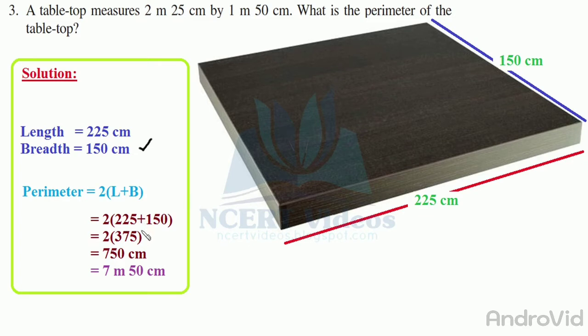When we add them, it is 375. You can add it very easily. And when we multiply 375 into 2, it is 750 centimeter. Or when we convert it into meters, it is 7 meter and 50 centimeter.